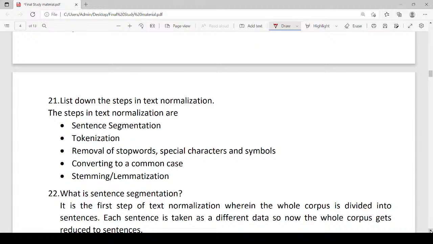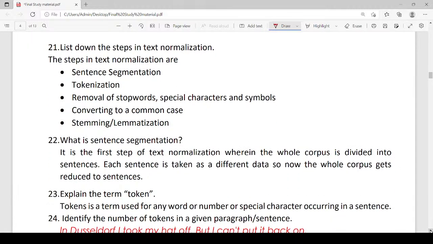Now, what is a token? Okay, any word, number or character, exactly. You're right. So, token is a term which is used for a word, number or special character. So, remember this, token is a term which is used for a word, a number or a special character.